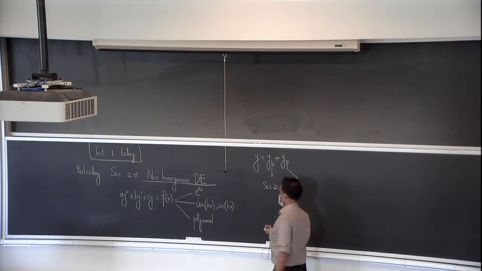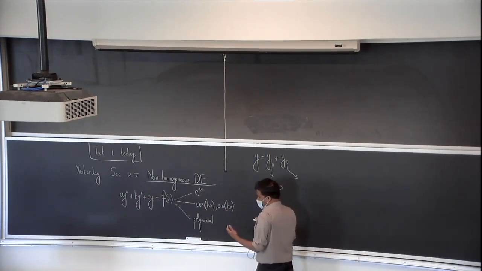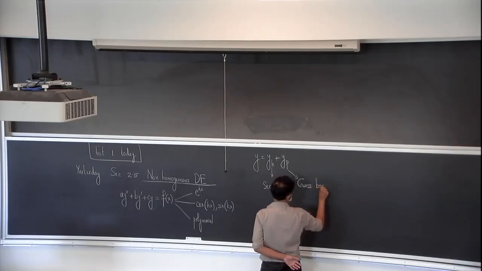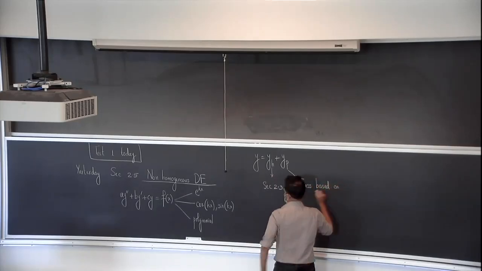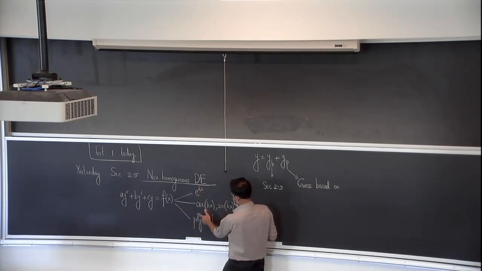And YP is what we were doing yesterday. We make a guess, an educated guess, okay, based on the function f of x. Okay, this is going to be the thing that you are looking at. Look at this function, okay, which is going to be one or more of these creatures here, right?